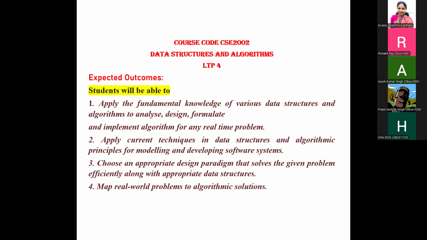The third objective is to choose an appropriate design paradigm that solves the given problem efficiently along with the appropriate data structure. While doing the internship project, exhibition project, phase one project, phase two project, or capstone project, whatever the project may be, we have to follow some method or paradigm.